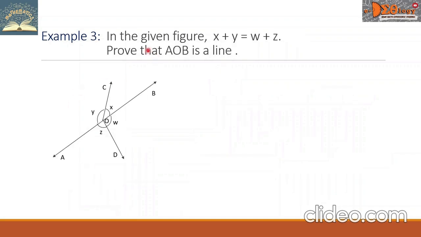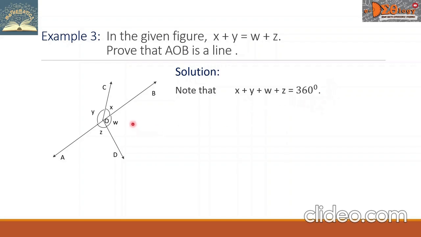Example 3. In the given figure, x plus y equals w plus z. Prove that AOB is a line. Note that in the figure x plus y plus w plus z equals 360 degrees.